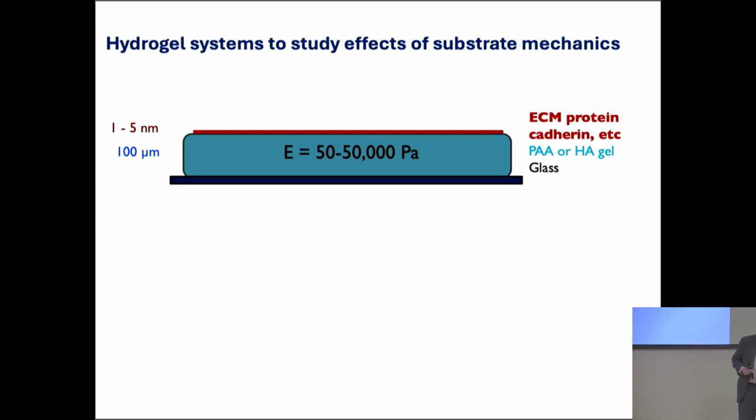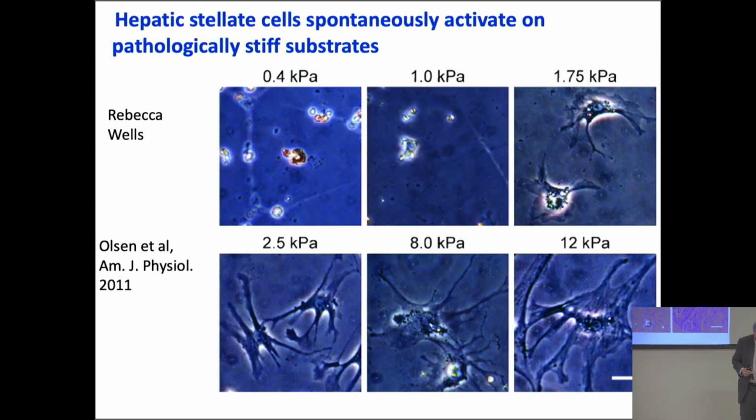And if you do this with liver cells, you see this beautiful, remarkable change in the morphology of individual cells. These are cells from the liver called hepatic stellate cells.